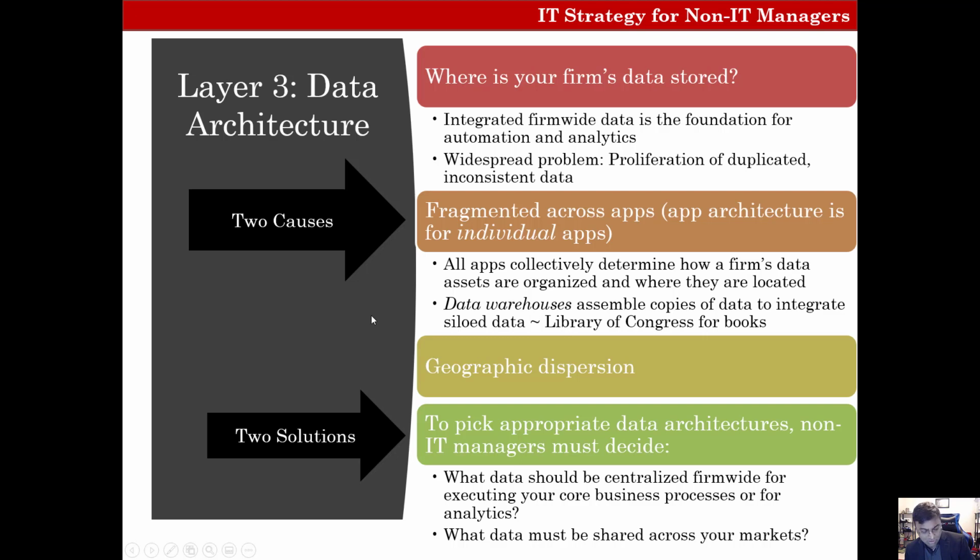So when we talk about fragmentation of data, it's the consequence of applications in your firm's application portfolio. Remember that a firm's IT portfolio has many applications. Although most common cloud and client-server applications both centralize data, such centralization is usually for one application.